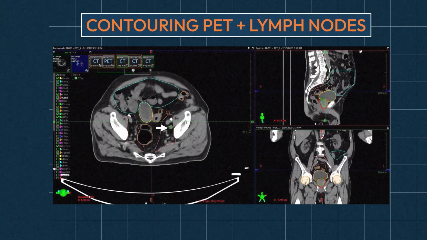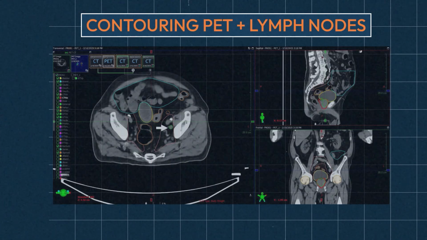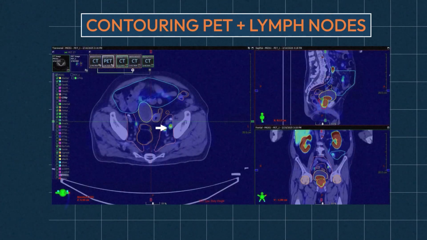So in green here, we've circled the lymph node based on the structural information from the CT. The red contour, larger red contour, is outlining the other nodal regions at risk. And now if we look at the superimposed PET, we can see that the PET signal is close, but not directly overlapping.